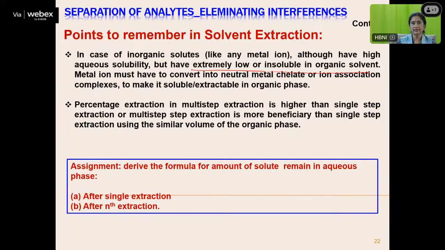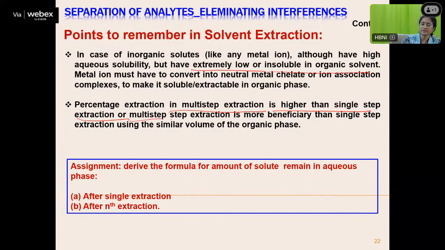Also, say you are extracting iron from an aqueous phase, or uranium: if you want to remove the impurities in uranium, then you have to extract uranium into TBP. At that time you can perform a single extraction or a multi-stage extraction. The percentage extraction in multi-step extraction is higher than in a single-step extraction.